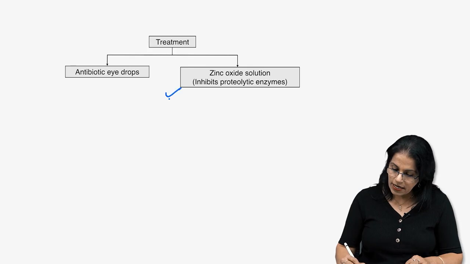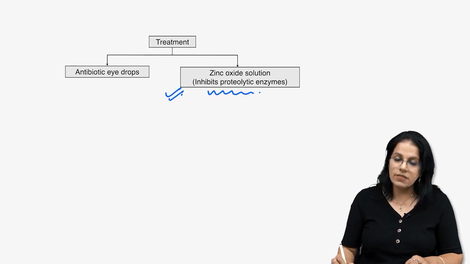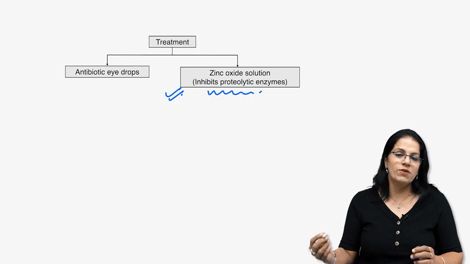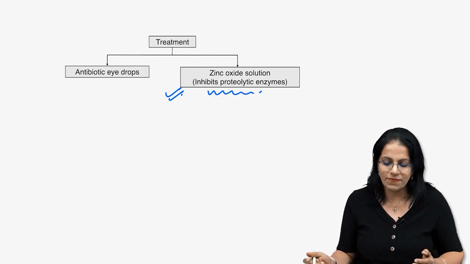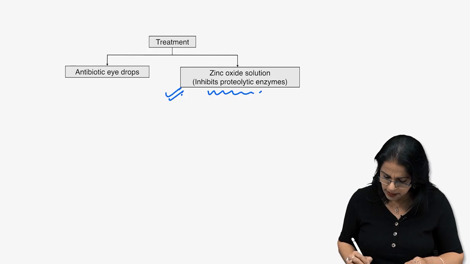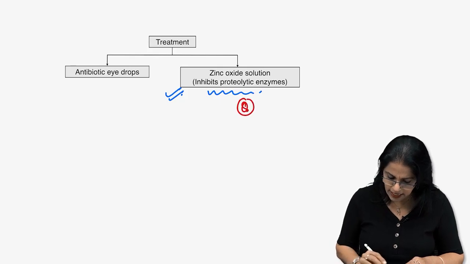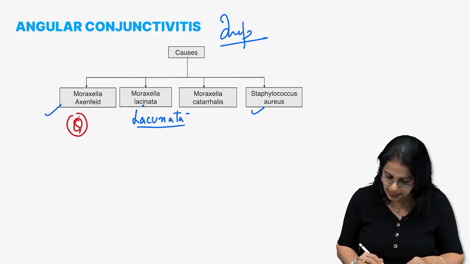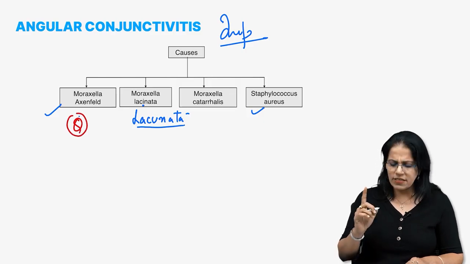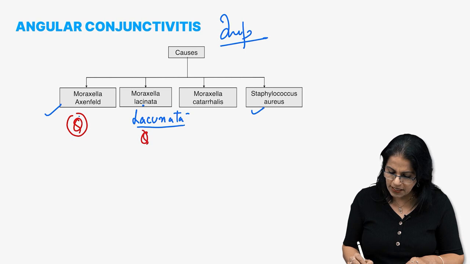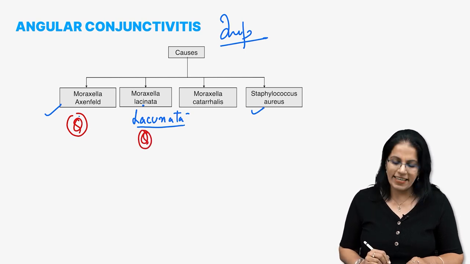Why do you give zinc oxide lotion? This is for the excoriation of the skin, it inhibits the proteolytic enzymes. They have asked you about zinc oxide, and they have asked you about Moraxella Axenfeld. I think once lacunata was also mentioned, but these are the two questions. Done?